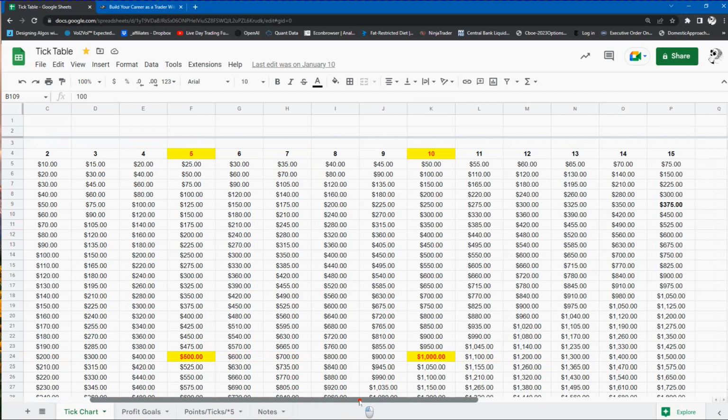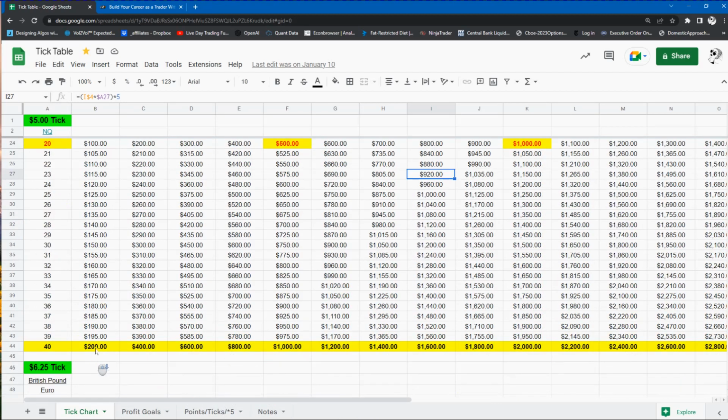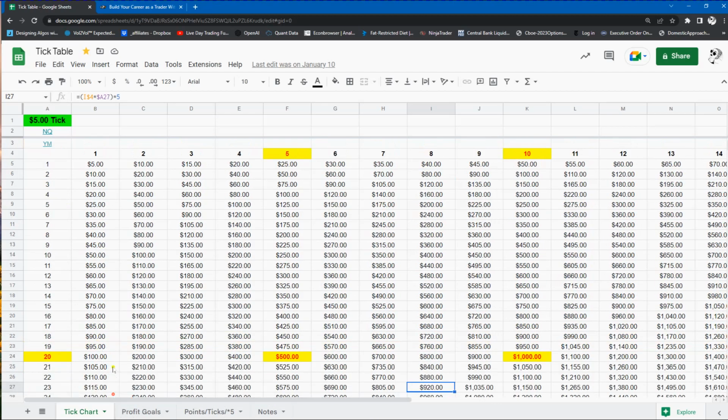Yeah. And so you can see by adding position size, once you get a profitable strategy, you don't have to change the strategy. You just add positions to it. So you take it from one contract to five.